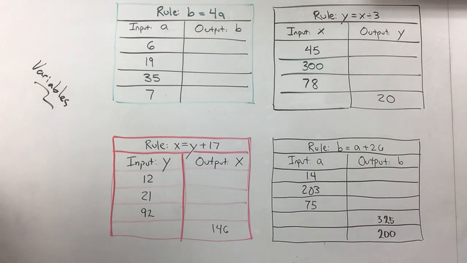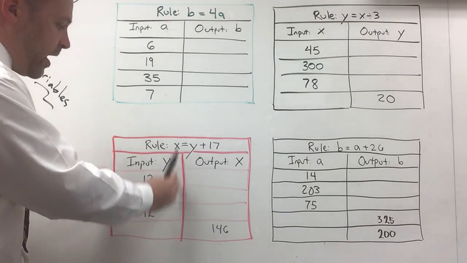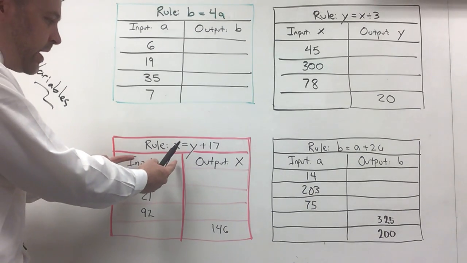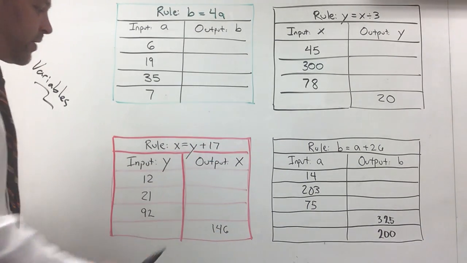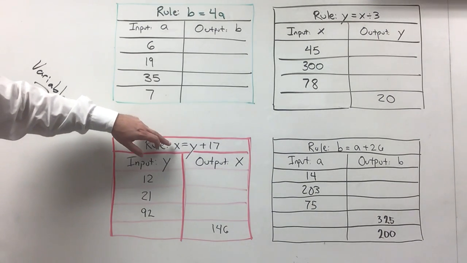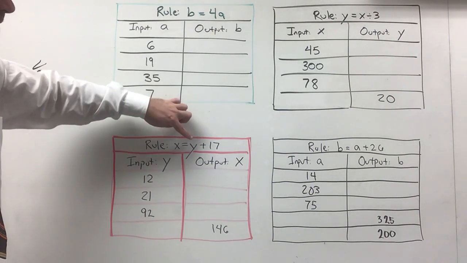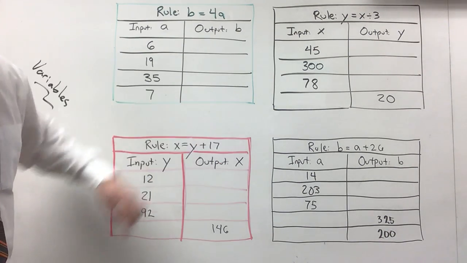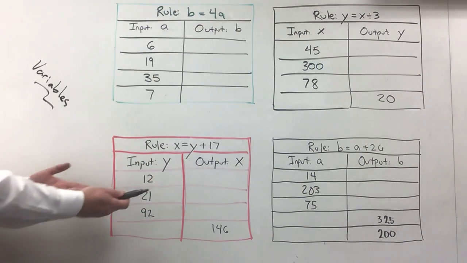Aren't those the variables, right? Like when we do algebra stuff. So these are all my Y's over here. These are all my X's. So if you put a Y in, you're going to get an X back out, all right? So it says that the X column is really take the Y and add 17, okay? So let's take the first input.